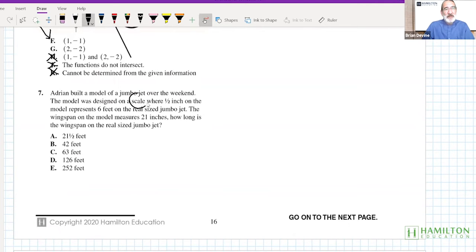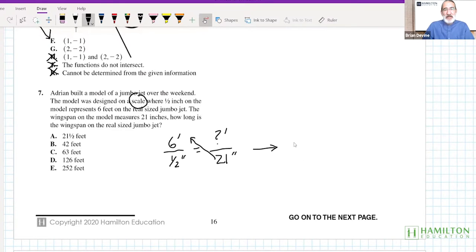So if we're told to scale, then we can use the idea of a proportion, because I know that 6 feet to 1/2 inch has to equal the real number of feet to 21 inches. And with a little magic algebra, I can cross multiply. Actually, I just need to multiply by 21.